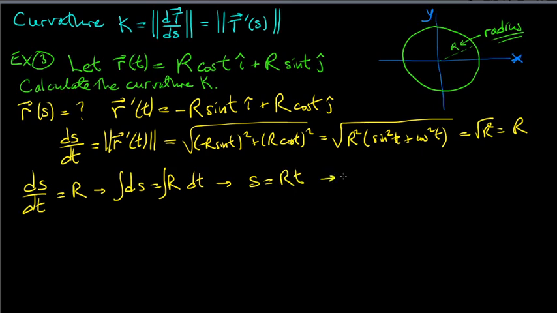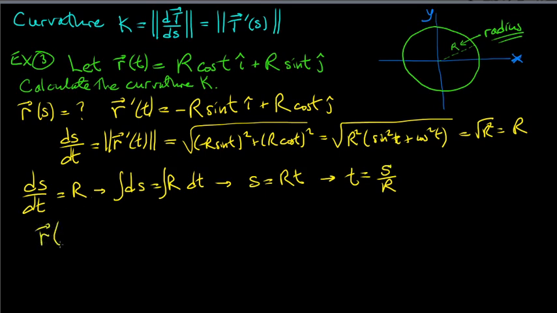And now to solve for t, we just divide by r. So t is s divided by r, capital R, the radius. So now that we've rewritten t in terms of s, we can replace all the t's with s over r.